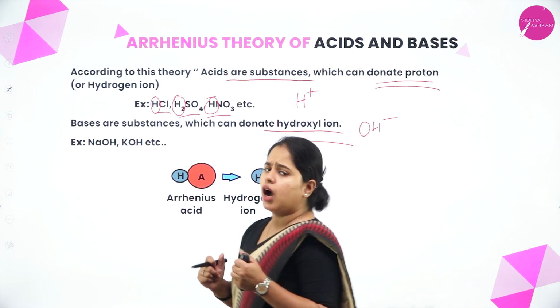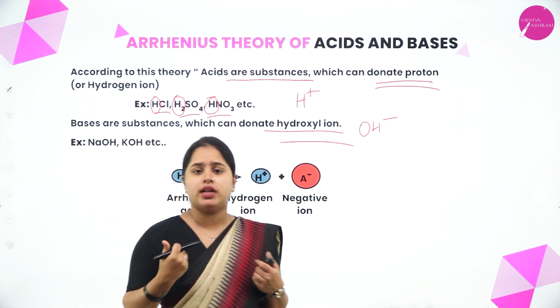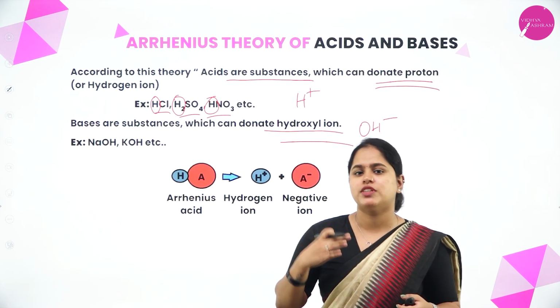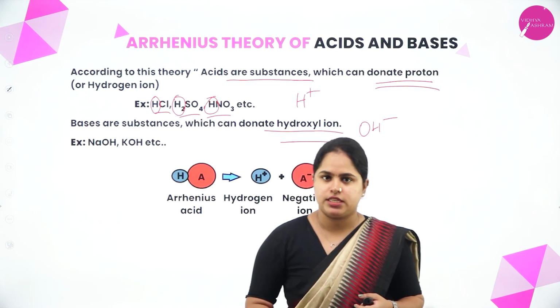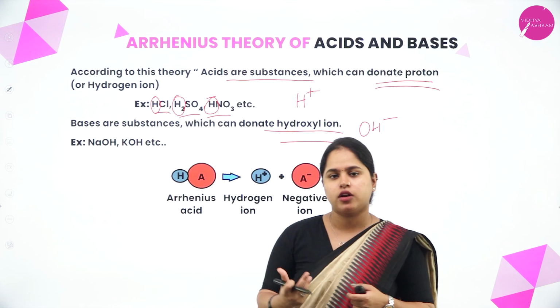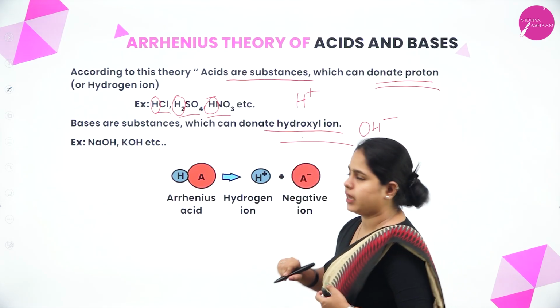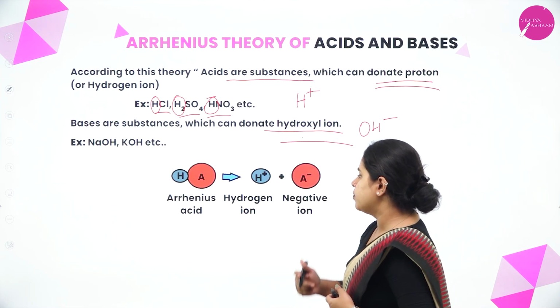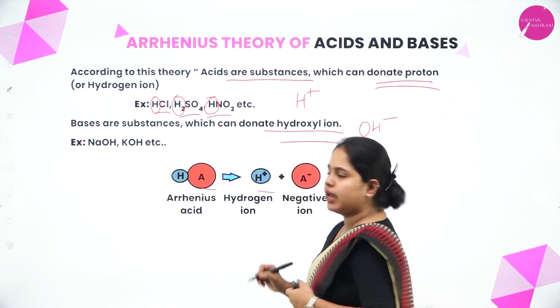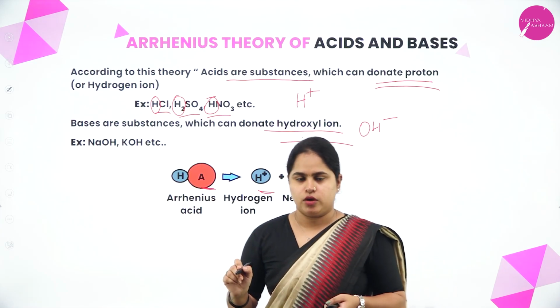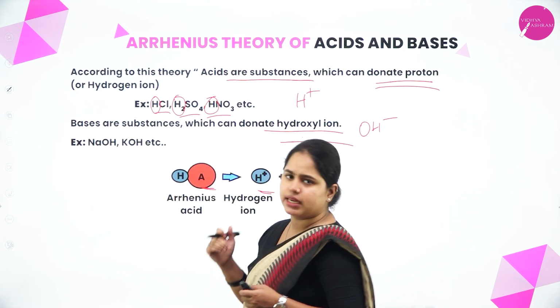So according to Arrhenius theory, those substances which can release H plus ions or donate protons are called acids, and those which can donate OH minus ions or hydroxyl ions are called bases. Clear? So Arrhenius acids can donate H plus ions and Arrhenius bases can donate OH minus ions. I hope it is clear. So this is Arrhenius theory.